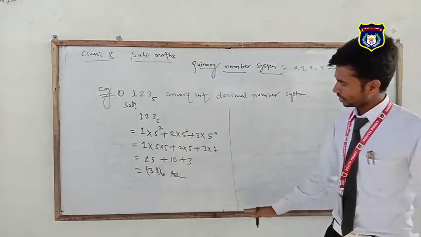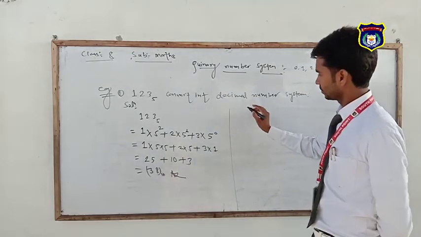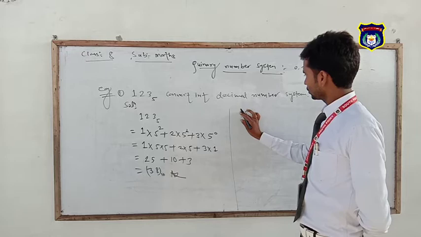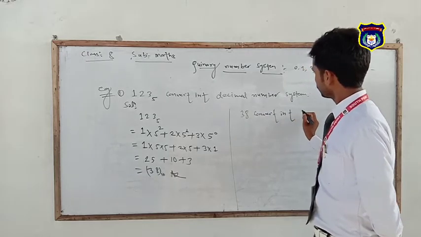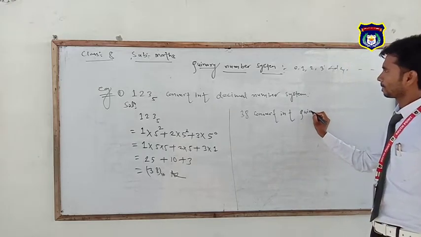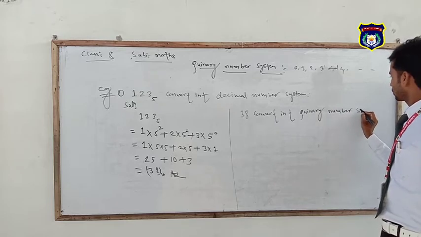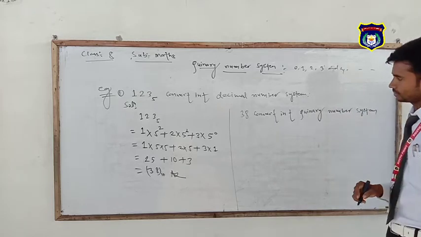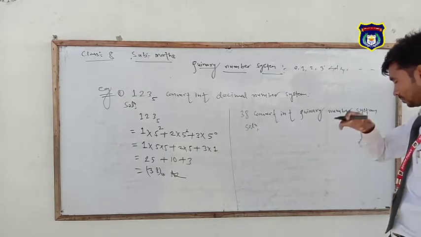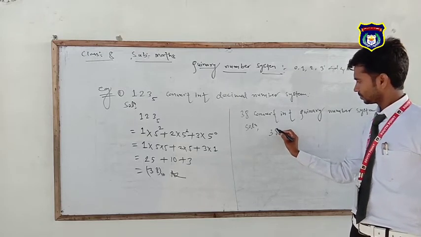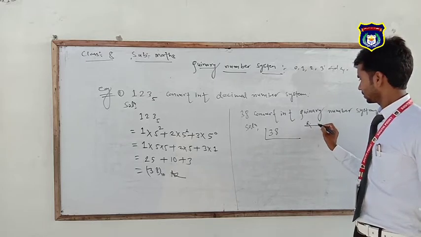Similarly, now 38 is decimal, so I will convert 38 into the quinary number system. Solution: the same method as binary.